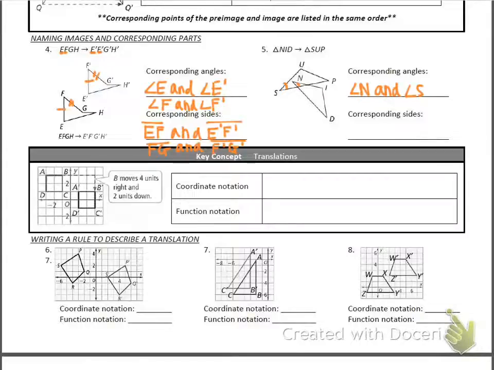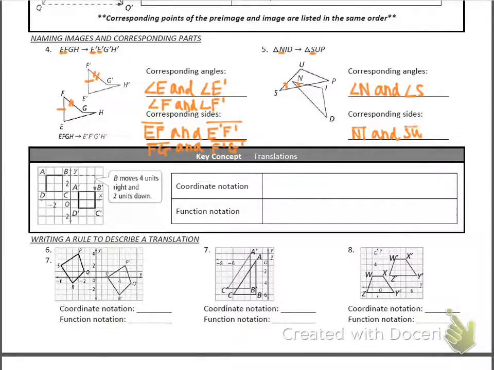S and N are in the same spot, and when we list them, they're listed in the same order, right? So the corresponding vertices are listed in the same order. So then let's do side NI. Which side is corresponding to segment NI?